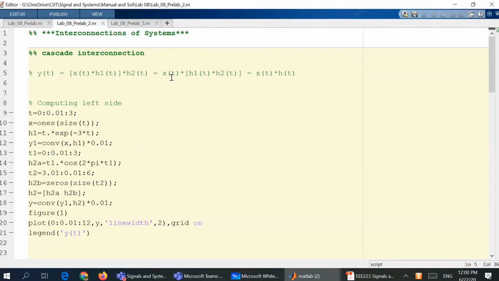So it means that we can combine these impulse responses together and write them as h of t. So what does that mean?